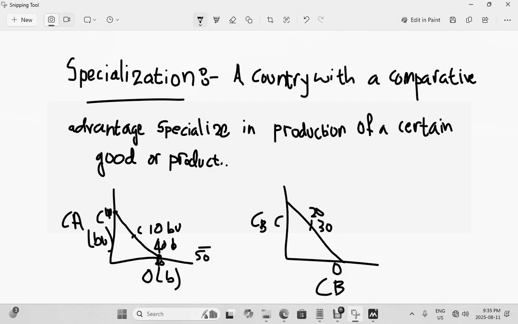So if they decide to export oil, let's say 20 barrels of oil for 40 bushels of corn, this will become 10 barrels of oil, and this will become 40 plus 20, which is 60 bushels of corn, as a result of which this total here is now 70 units. Originally this total was 50 units. The first one, 10 plus 40, stayed at 50. This one over here was 30 plus 20, 50. It went up to 70 units.